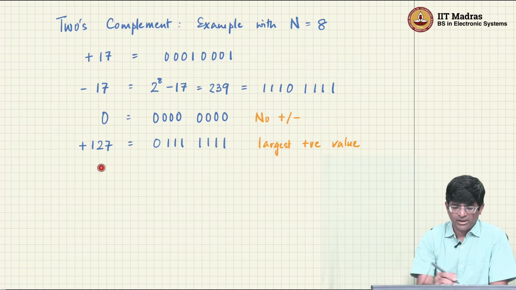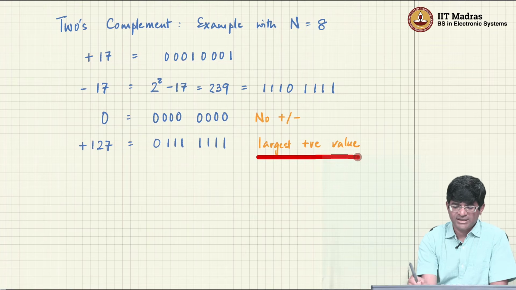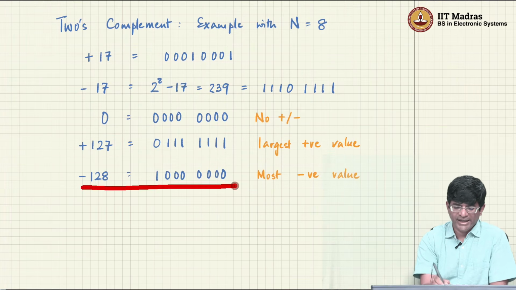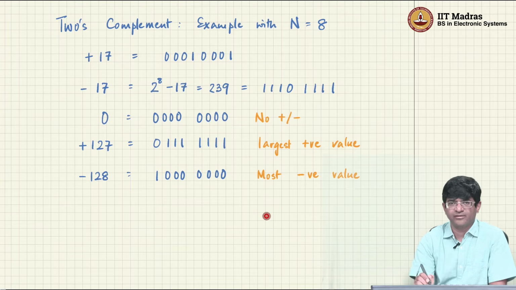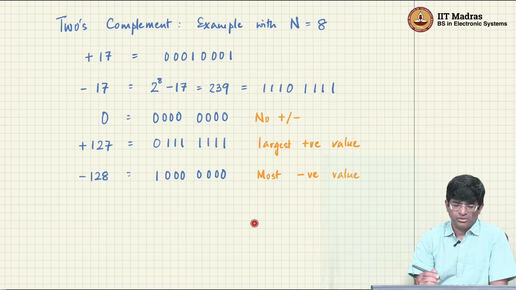Now, plus 127, right, 0 followed by all ones, happens to be the largest positive value that can be represented using this approach. Minus 128, which is 1 followed by all zeros, is the most negative value that can be represented. Okay, so these are a little bit about the kinds of numbers that can be represented with 2's complement.